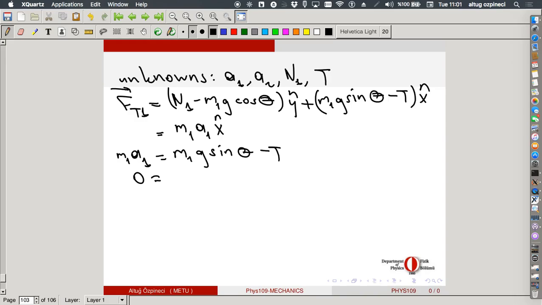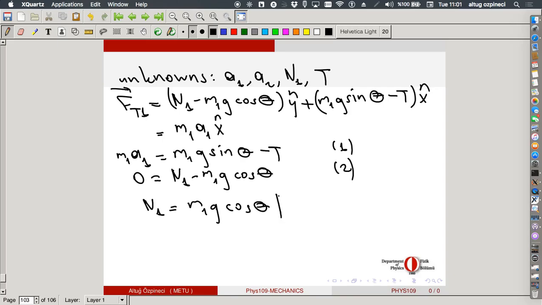The y component over here is n1 minus m1g cosine theta. This is our equation 1, this is our equation 2. So we already have 2 equations. Or if you want, we can just solve the second one: n1 is equal to m1g cosine theta.